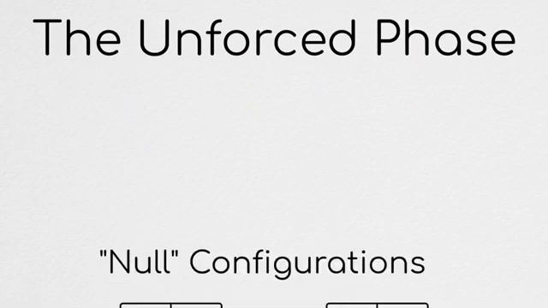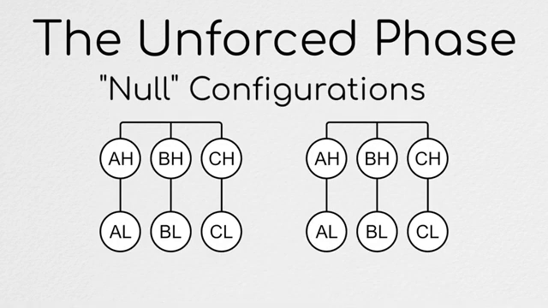Unlike our previous commutation schemes, during the unforced phase of the PWM period while performing space vector modulation, we will use at least one of two, quote, null voltage configurations, which involve either all three phases being connected to high or all three phases being connected to low voltage. We will refer to these two configurations as voltage configuration 0 and voltage configuration 7. As we discussed last episode, the absolute magnitude of the voltage any phase is connected to doesn't really matter.